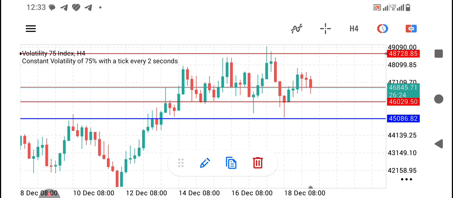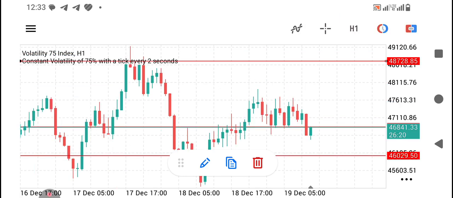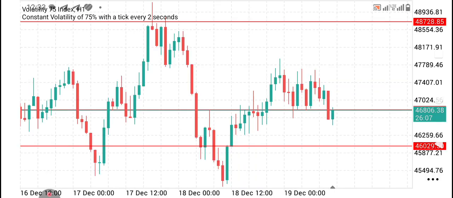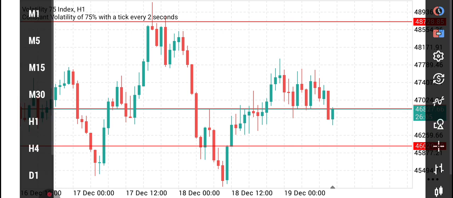So we are still bearish, and looking at where to get the entry from the 1 hour time frame. I'm waiting for today's 1 hour candle to start being bearish.